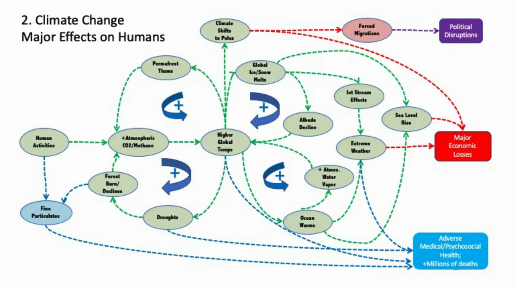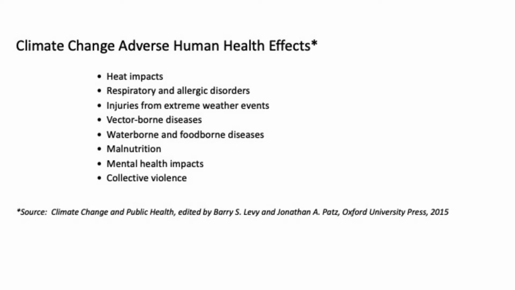And the combination of various human activities and forest fires will generate fine particulates that affect our ability to breathe. Dr. Barry Levy, who is at Tufts University, recently co-authored a book on this subject. His summary of the potential ill effects of climate change on us is summarized on this slide.